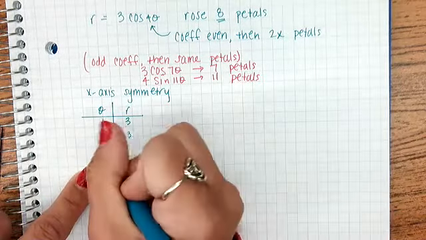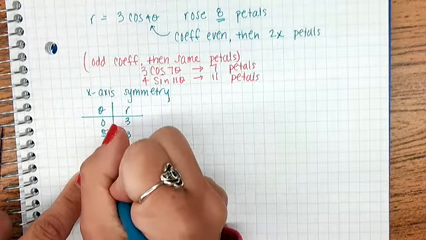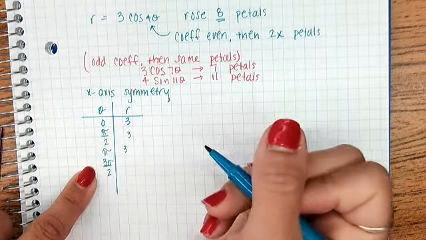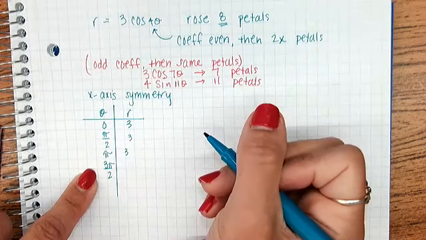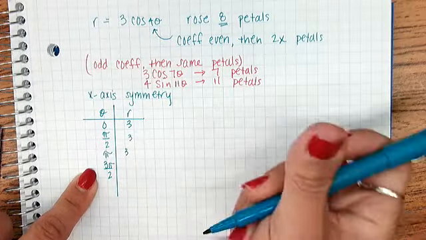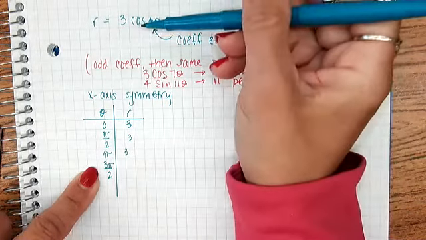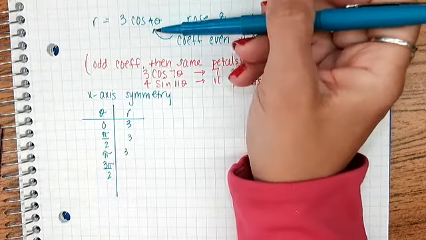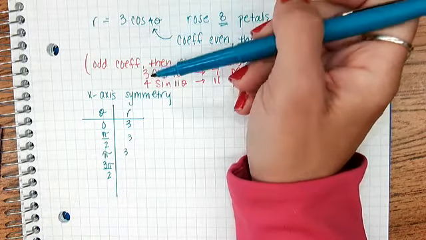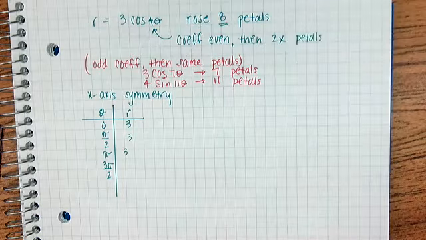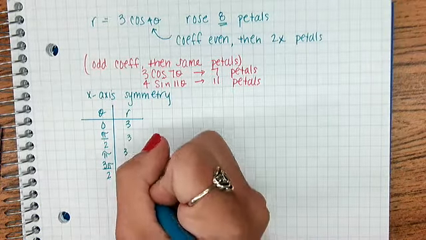And when you plug in 3 pi over 2, I bet you can't guess what happens. You get 6 pi, which is the same thing as 4 pi, which is the same thing as 2 pi, which is the same thing as 0. Oh my gosh, what are we going to do?